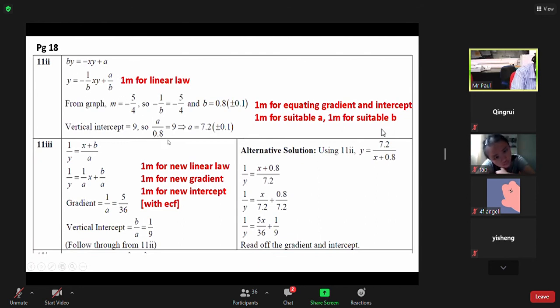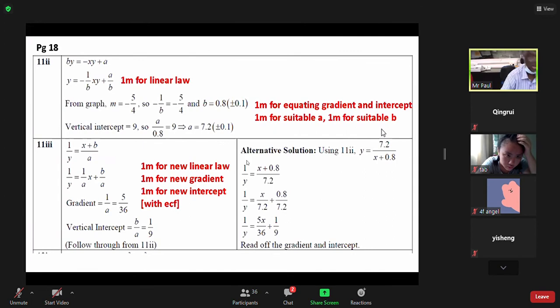First of all, let's say your original equation, if you look at the question, is xy plus by equals to a. Okay. You move your xy over. You bring it to the right-hand side.